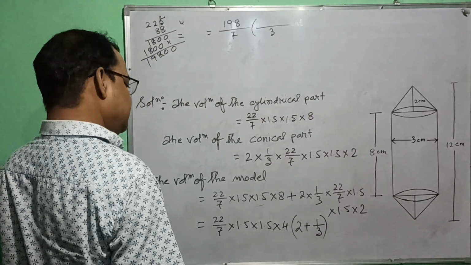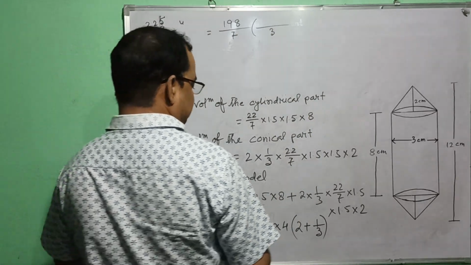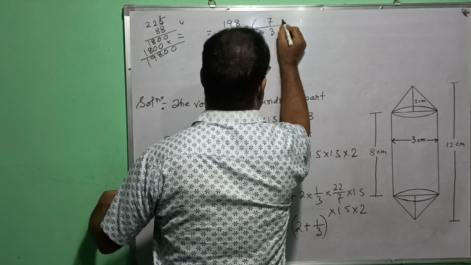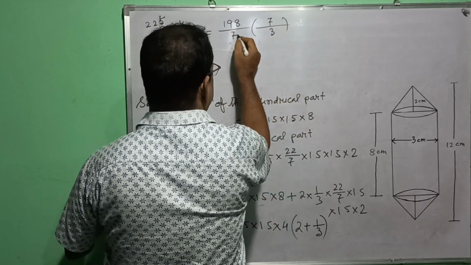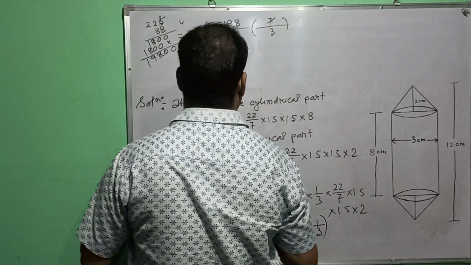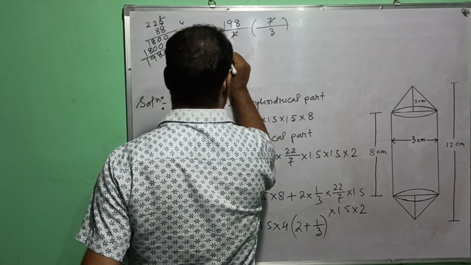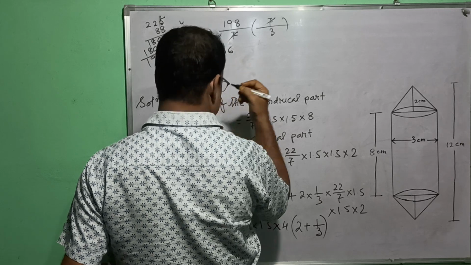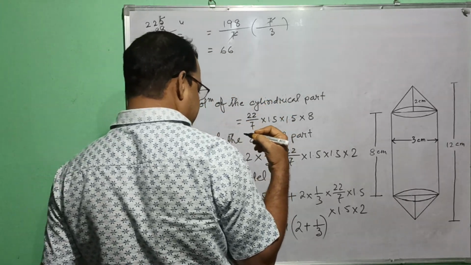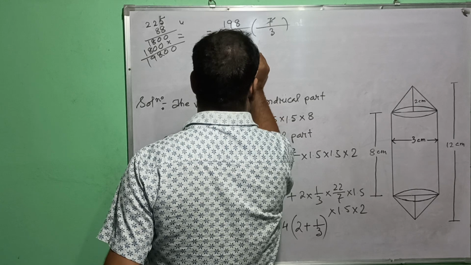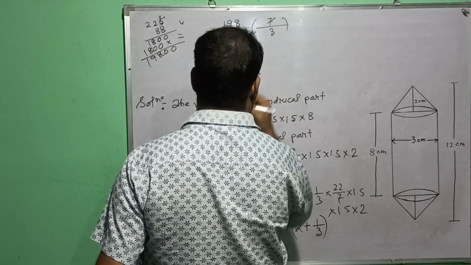So here will be 6 plus 1 equal to 7. Now 7 cancels, and it is also divisible by 3, so it is 66. As it is volume, so we'll write centimeter cube.